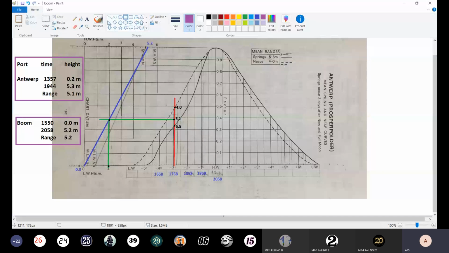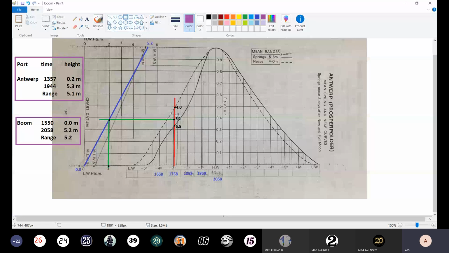Now the interpolation between these two, neap and spring, has to be done by this range, okay? This standard port range, not the secondary port range. Interpolation between a spring curve and neap curve has to be done with the standard port range, not the secondary port. Because this curve is for standard port, interpolation also should be for the range of the standard port.